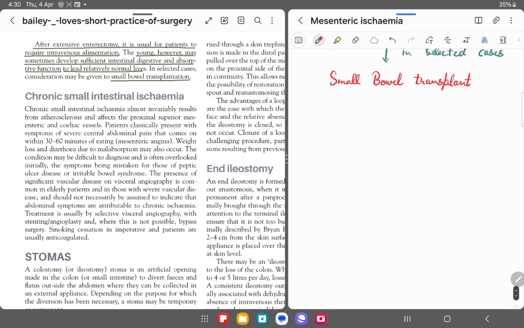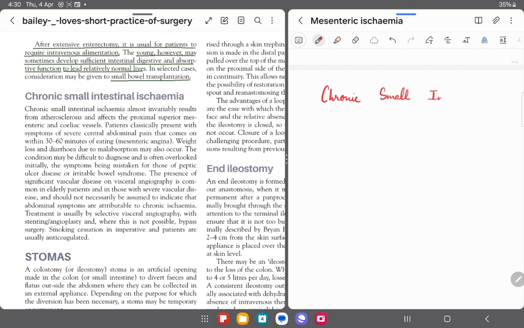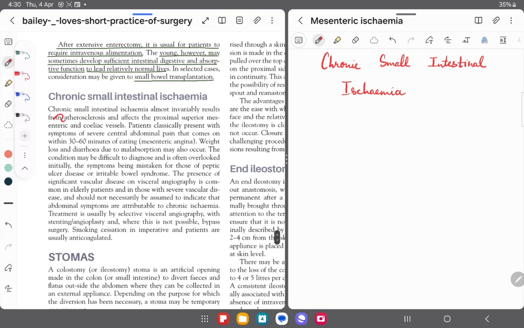So next one is chronic small intestinal ischemia. What happens is it almost invariably results from atherosclerosis and affects the proximal superior mesenteric and celiac vessels.